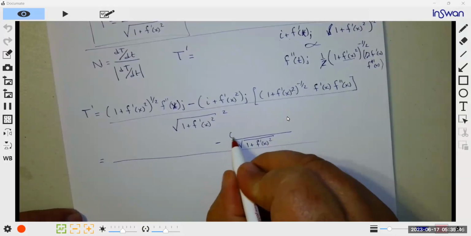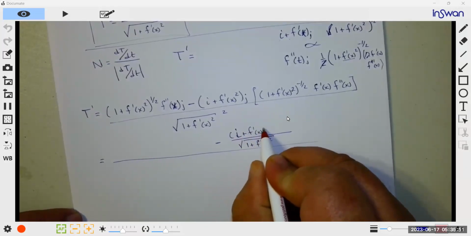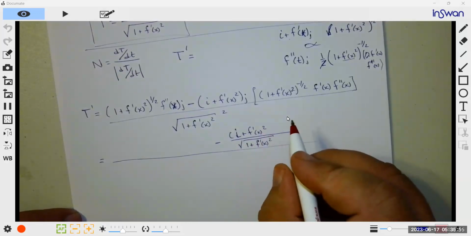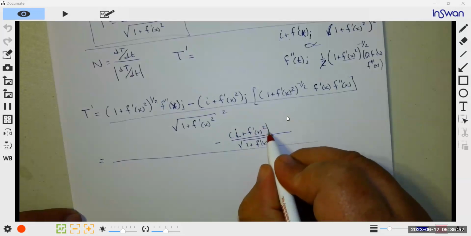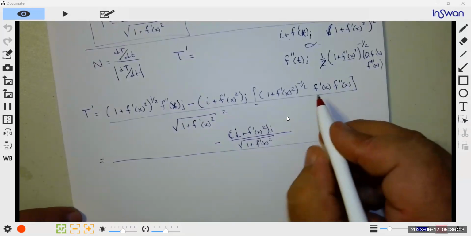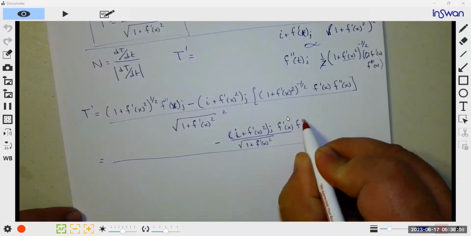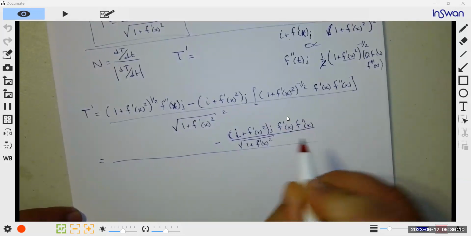And the rest goes on top: i plus f prime of x j times f prime of x f double prime of x.